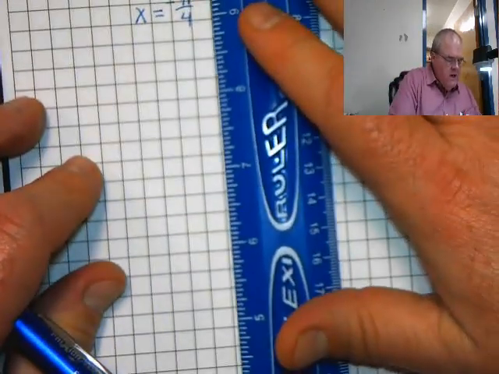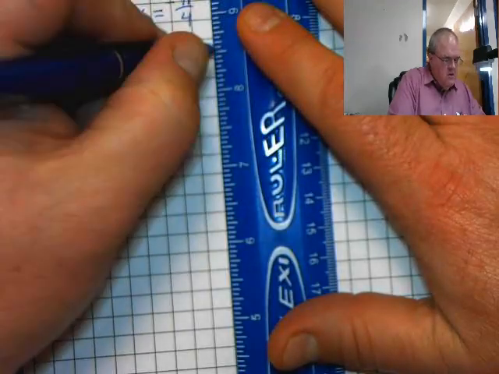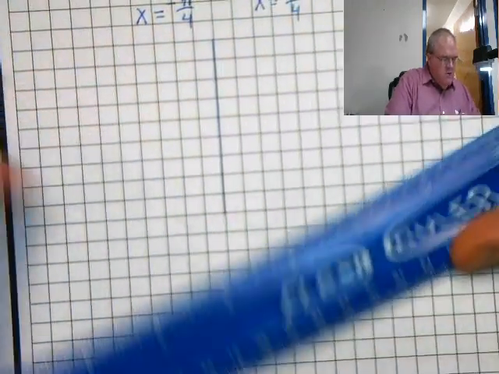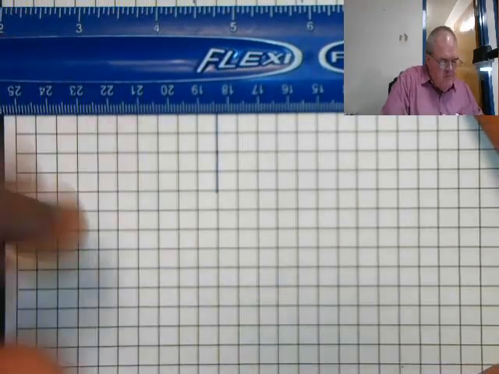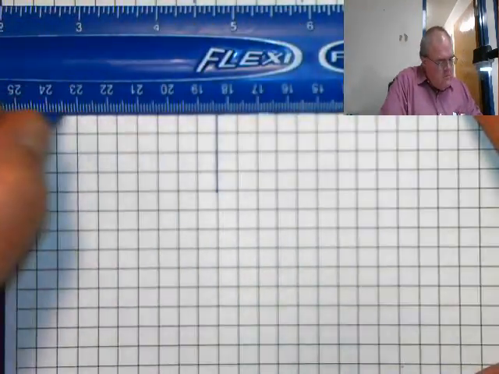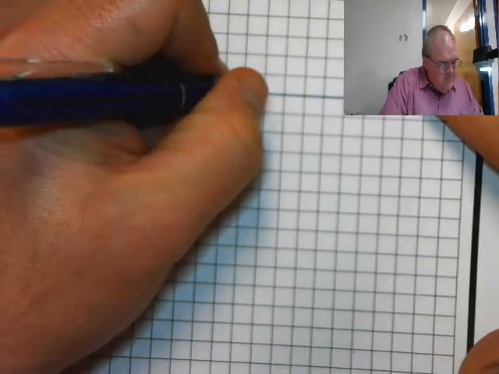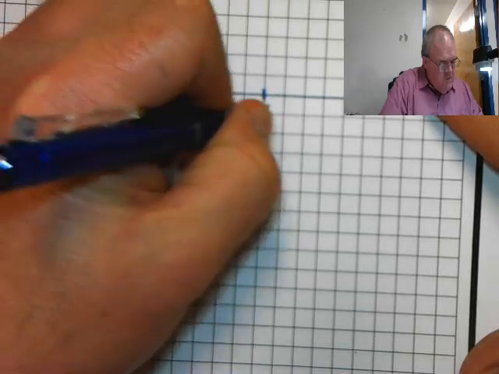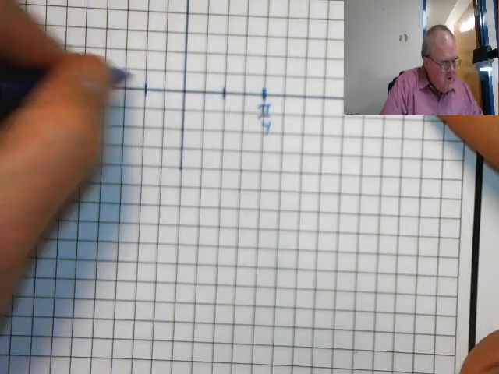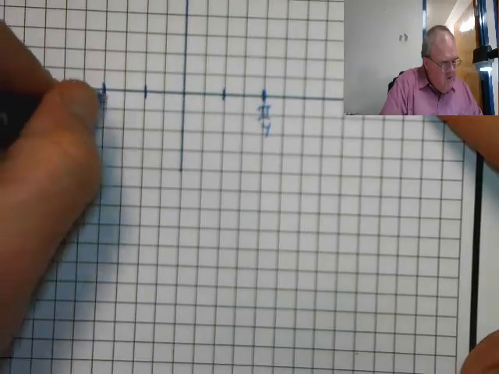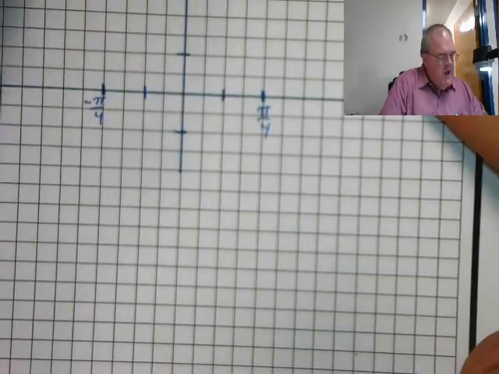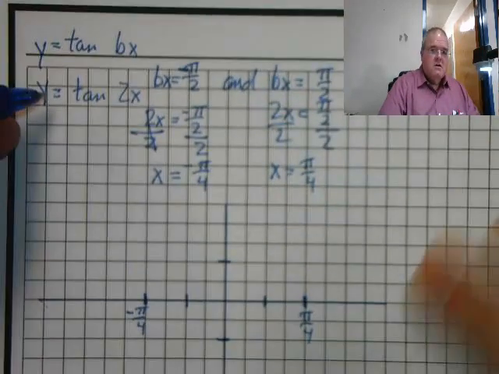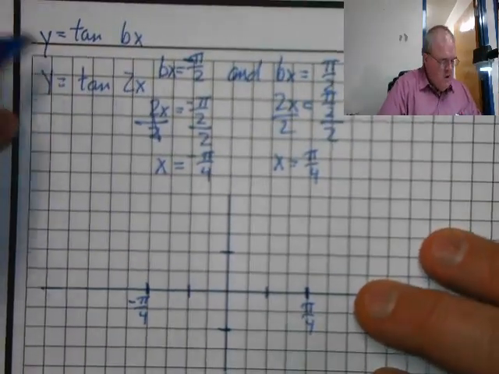So now when I get ready to graph this, I'm going to draw my graph. And I'm going to have pi over 4 here, and negative pi over 4 here. Now, my amplitude for tangent for this equation is 1.